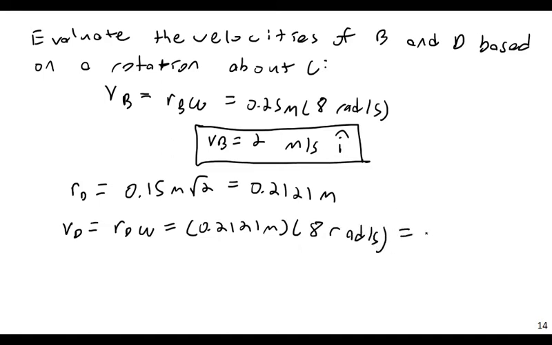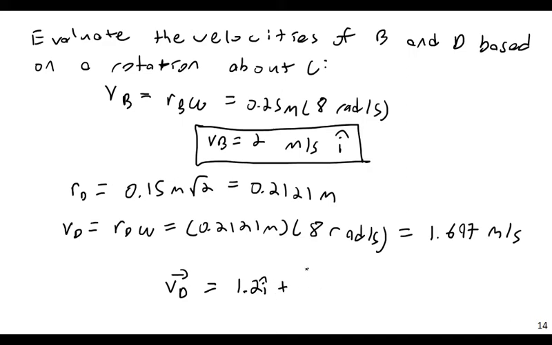And this will come to 1.697 meters per second, if I can math properly. I could then also break this into components and say that VD is equal to 1.2 I plus 1.2 J meters per second.